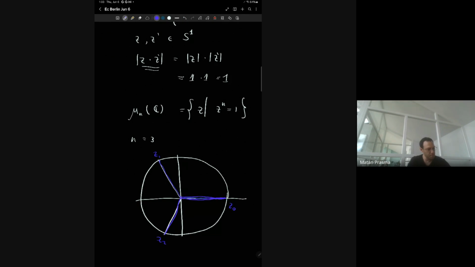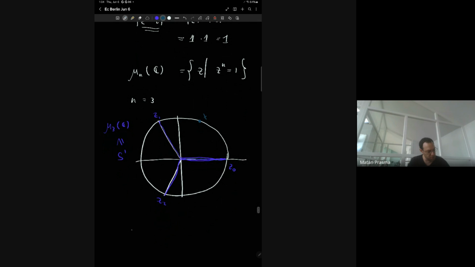This is M3C. And it is a subgroup of S1. Now I take an element in S1, let's say X, and I consider the coset of X with respect to M3C.